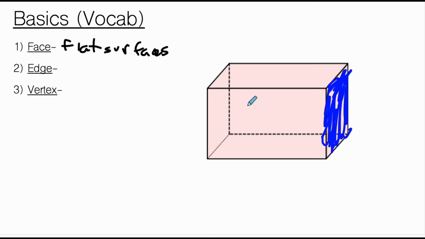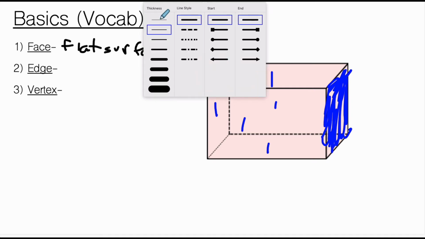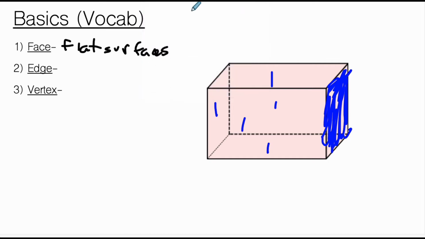This figure has 1, 2, 3, 4, 5, and then the front. So I've got a mark that's on the back face there and a mark on the front here. That would be 6 faces, all of the flat surfaces. Cool, so sorry about that. That's the faces.